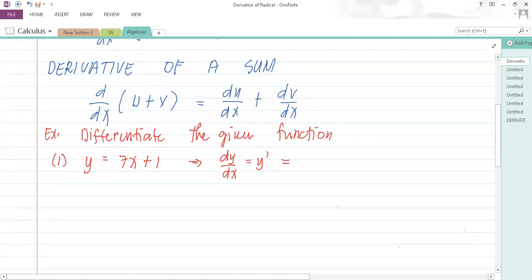We take the derivative of each term. What is the derivative of 7x? We tackled that earlier: 7. Then we add the derivative of 1. What is the derivative of 1? 0. So this is equal to 7.